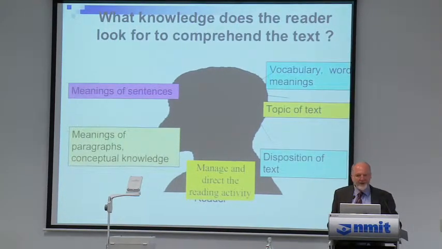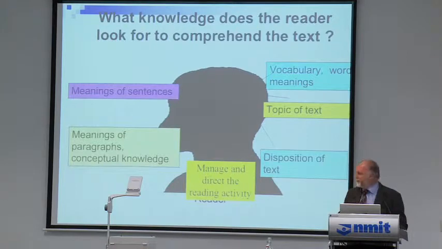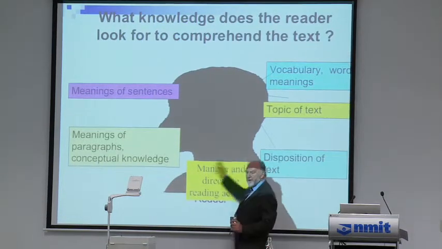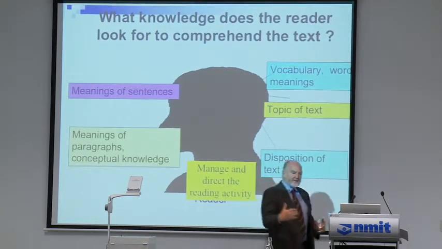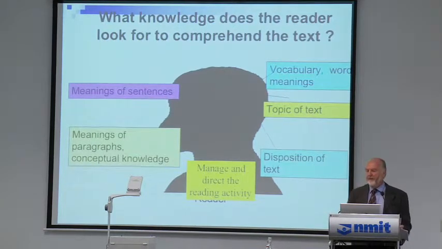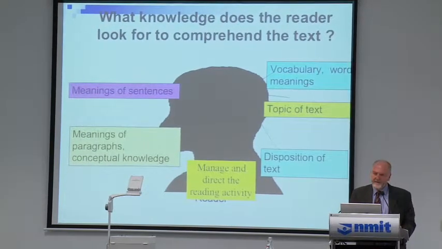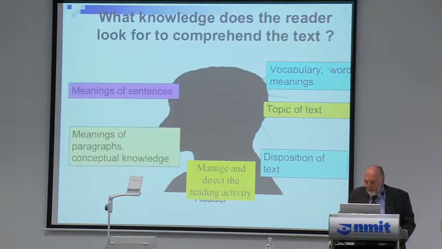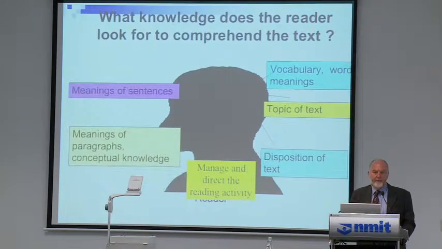What are some actions you're going to use as you read it? In order to make this management of the activity explicit, if the students can tell me what actions they're going to use, then they're going to be more able to work through the text.